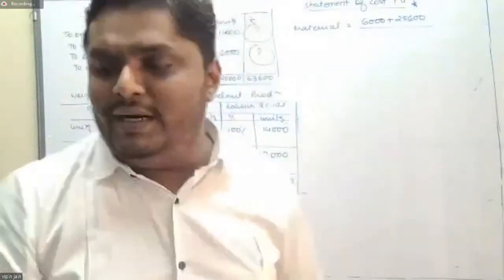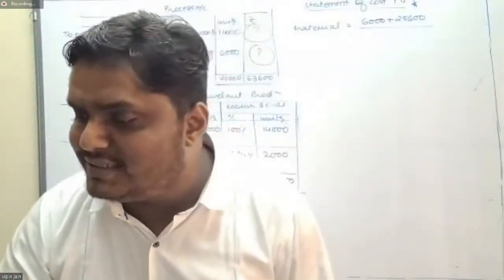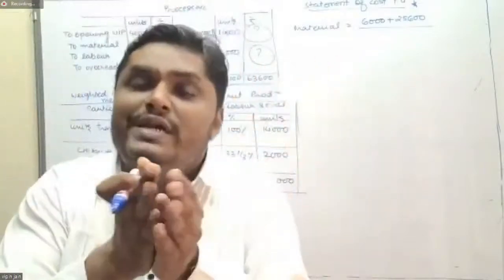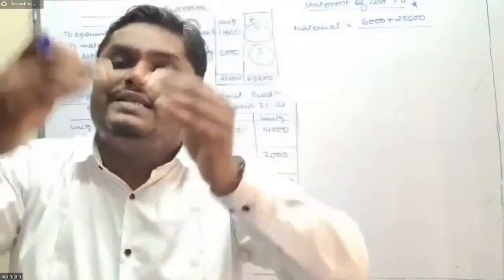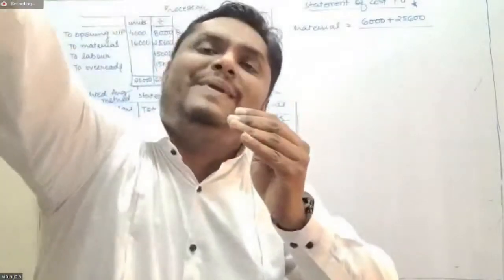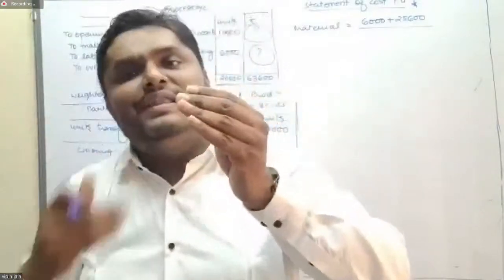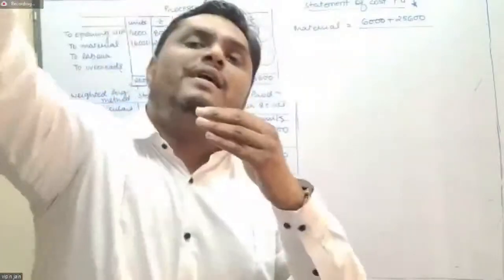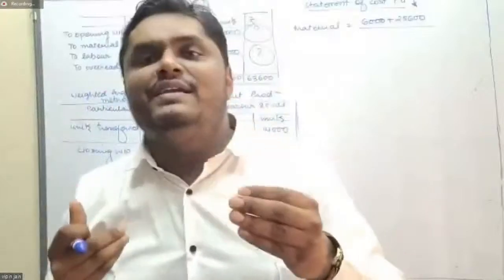I repeat again, the material cost that is already incurred last year is 6,000. Since we have taken 14,000 units that are 100% complete, it includes the work that is completed last year and the work that is completed this year. That's why we have taken the cost that is incurred last year and the cost that is incurred this year.